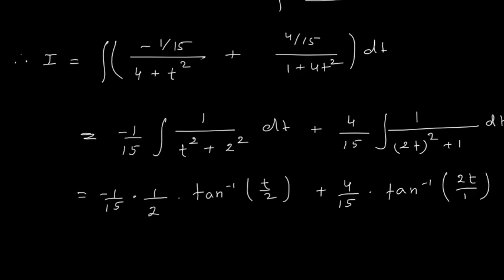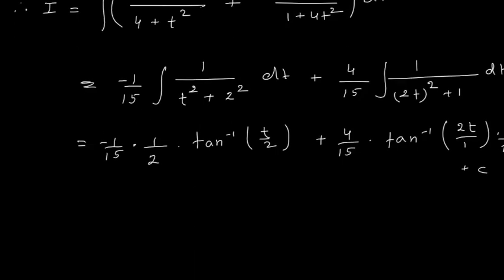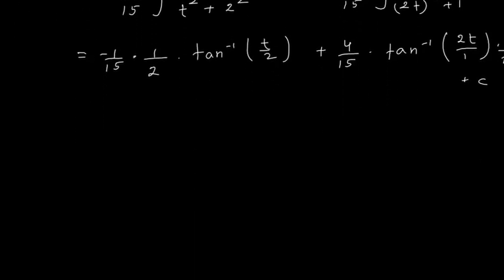Since the coefficient of t is 2, I will divide the final answer by 2, plus constant of integration c. So this becomes minus 1 upon 30 tan inverse.